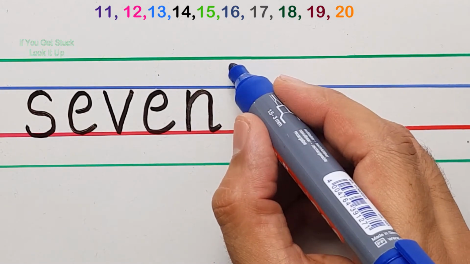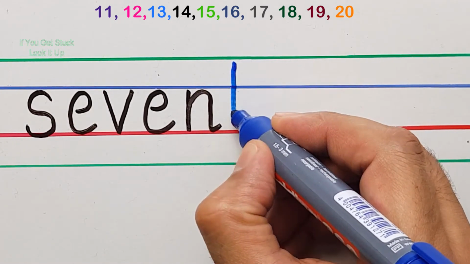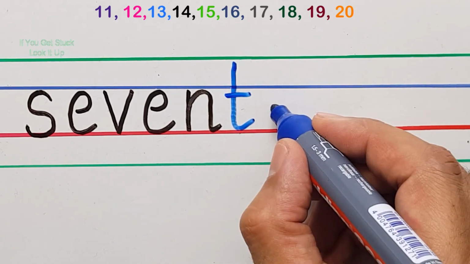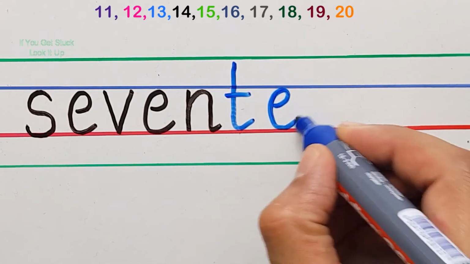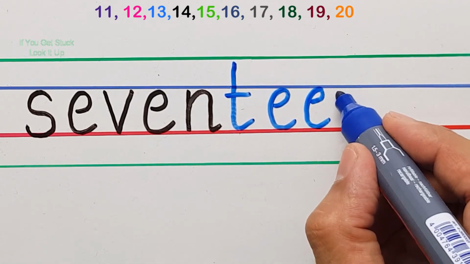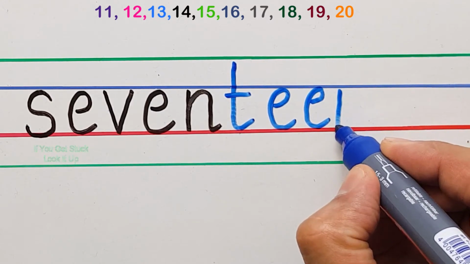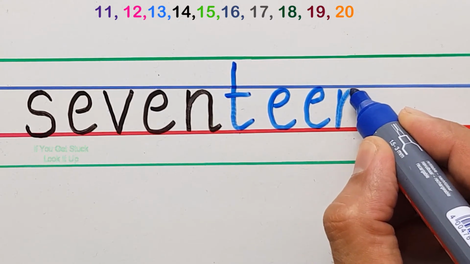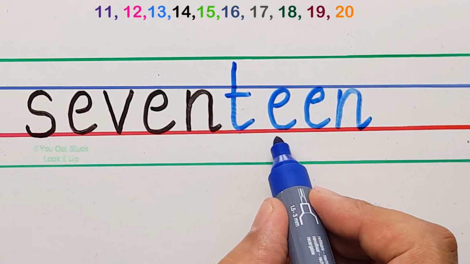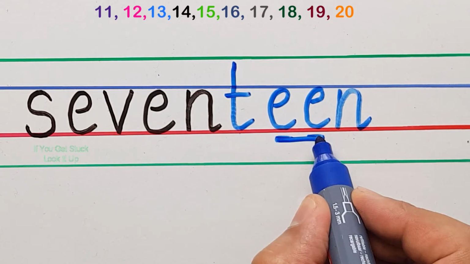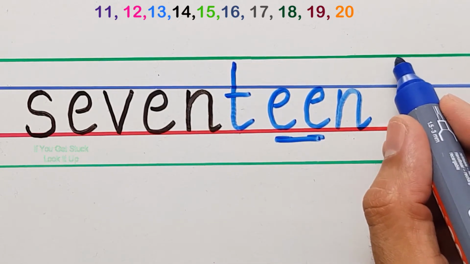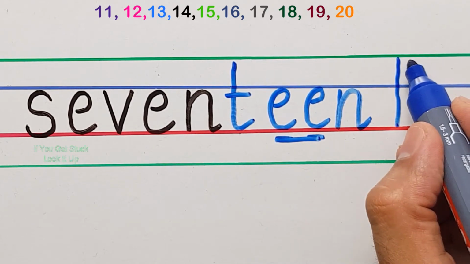Now we need the teen as before. T, E, E, and N. To the bass line, up, round, back to the bass line and flick. And again, the 2 E's give the E sound, and that's teen. So try to recognize that pattern. And then it's 1 and 7.